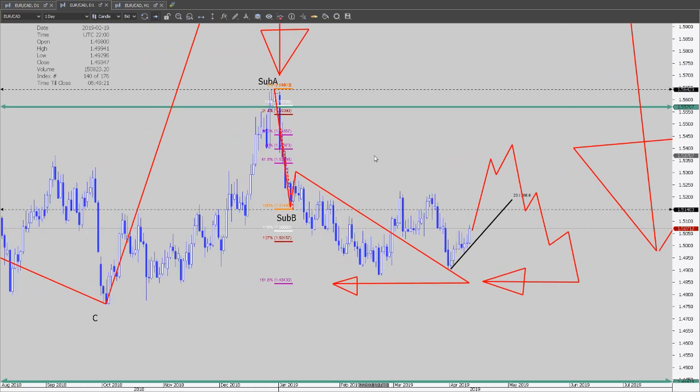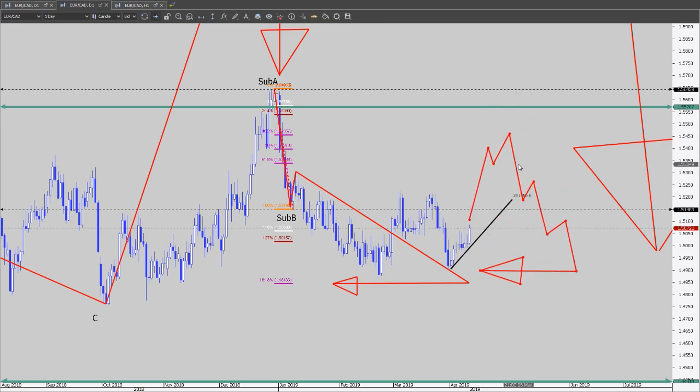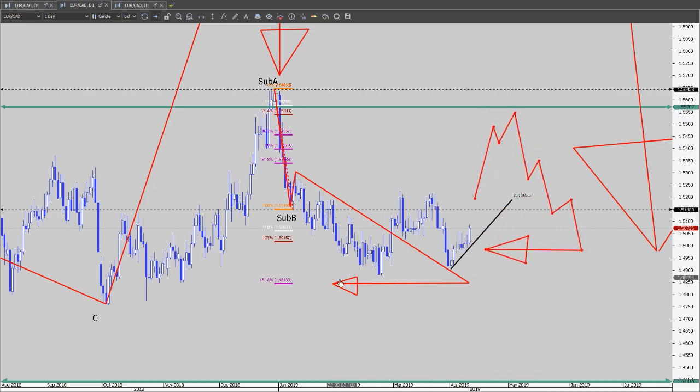And if it's true, the Fibonacci theory, that the market movement, the price action, is a result of the total psychology of total traders at a point in time, so this is the reason. Until the market is going to break the sub A, this down Fibonacci, this contrarian Fibonacci is still valid.